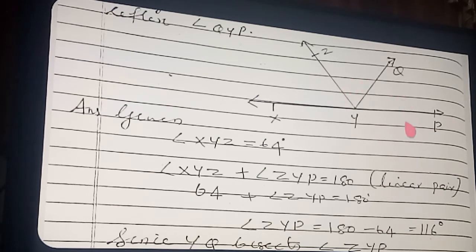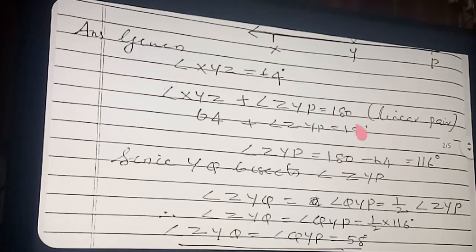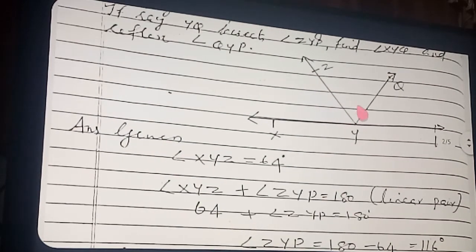This whole angle ZYP, how much did we get? 116. But now what is given in the question? One point is given now. YQ bisects angle ZYP. YQ is the bisector. So what will be the measure of each angle? See here, next point. Since YQ bisects ZYP, ZYQ means this angle and QYP means this angle.